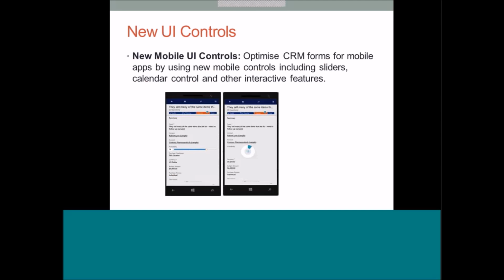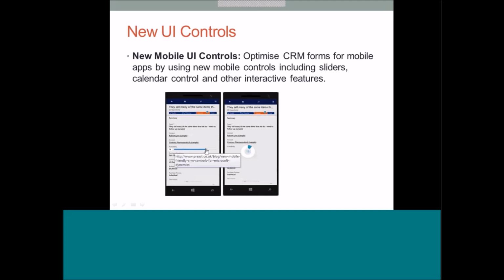Also, there are some new UI controls. If you look at the screenshot that I have here on the left-hand side, here we have an opportunity, and here we have the probability. So instead of a user having to click on a field and input the numbers, they have this slider bar now, which is much more user-friendly when you're on a phone.